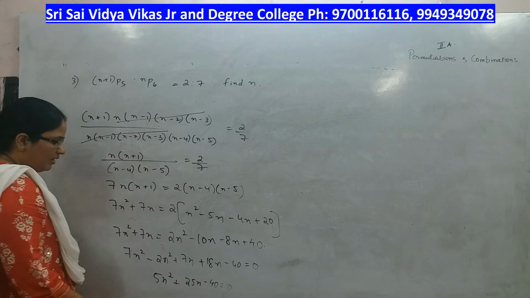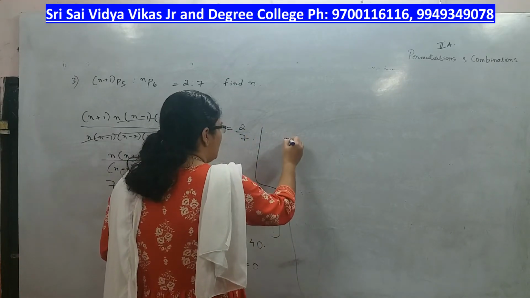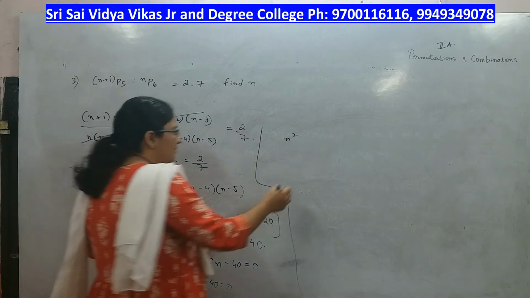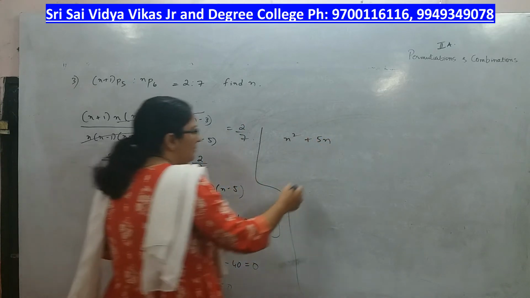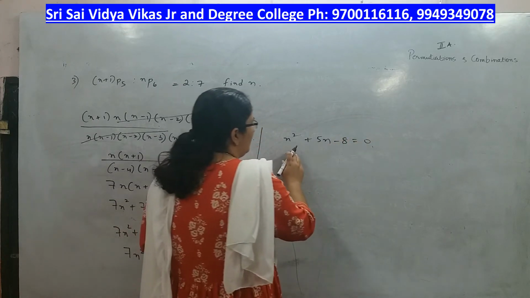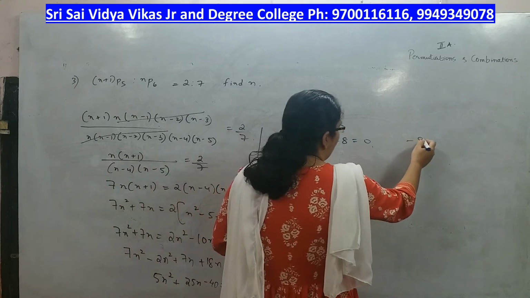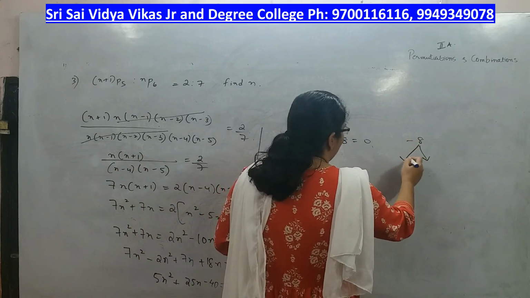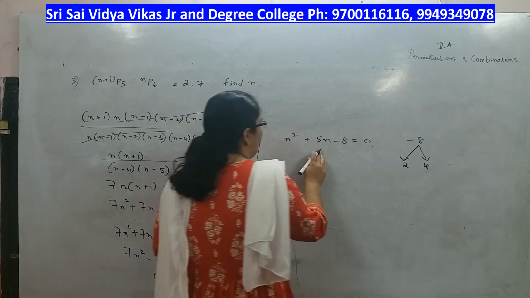You can take 5 common. So you have n square plus 5n minus 8 is equal to 0. Minus 8, you have to take 2 terms, 2 into 4, and you have to get 5.